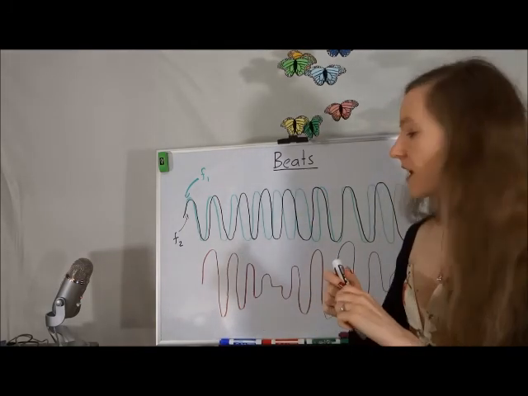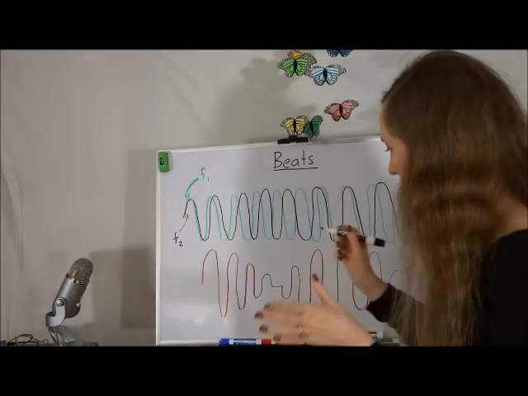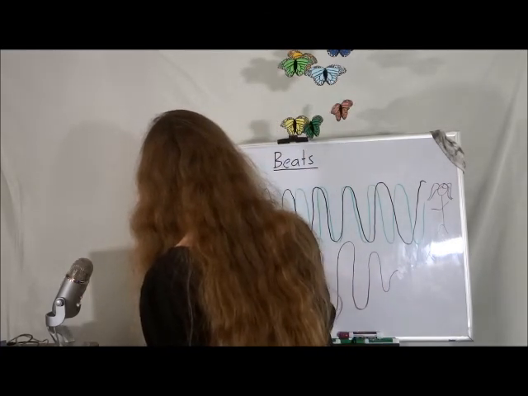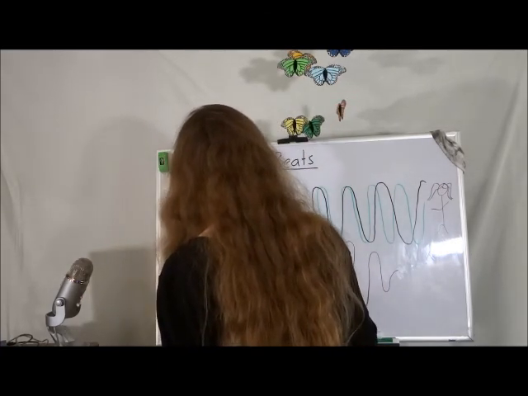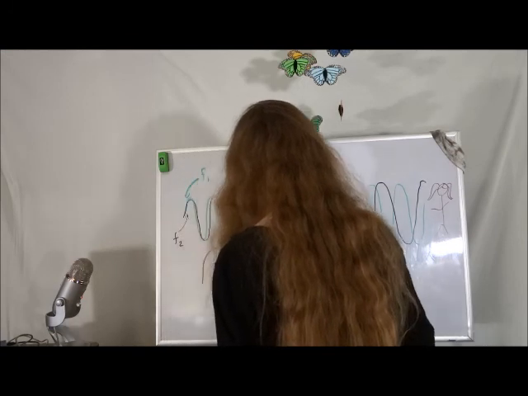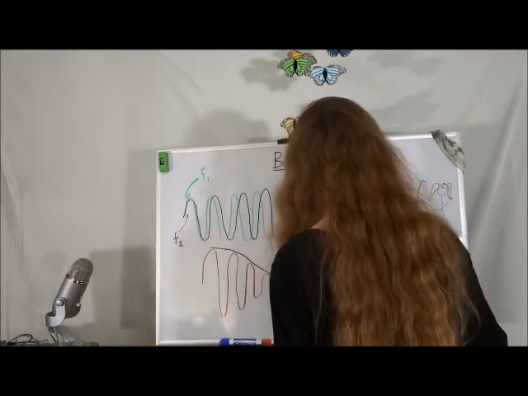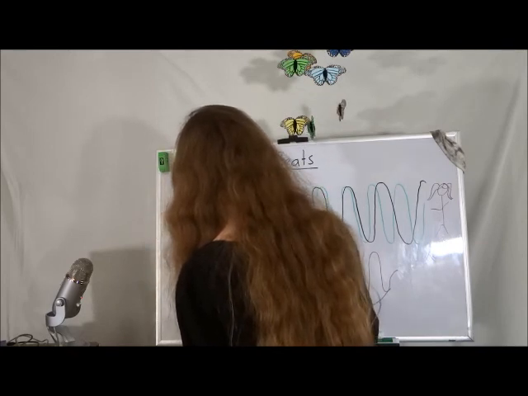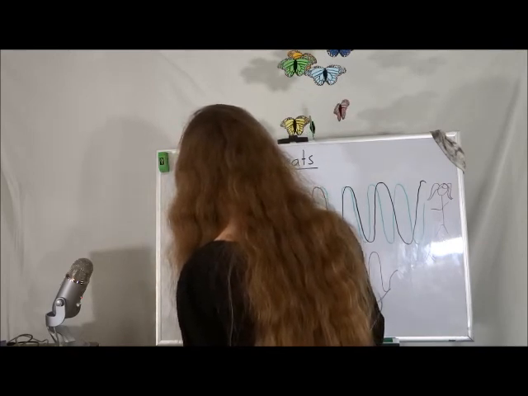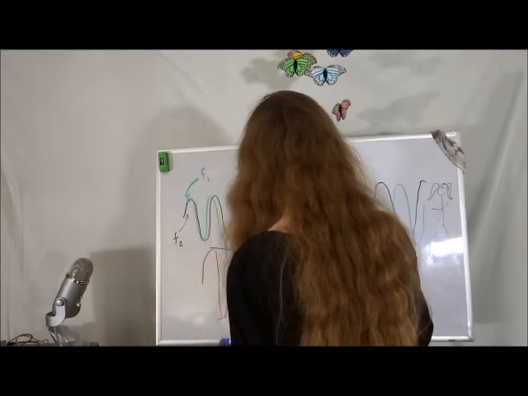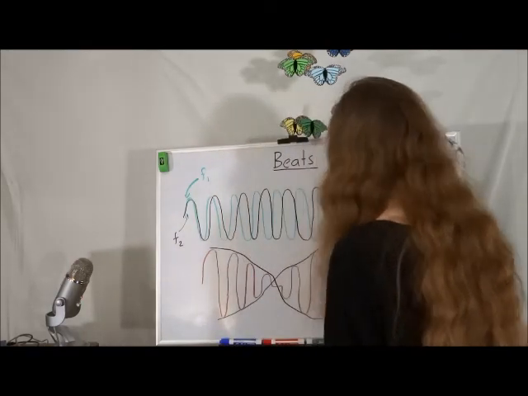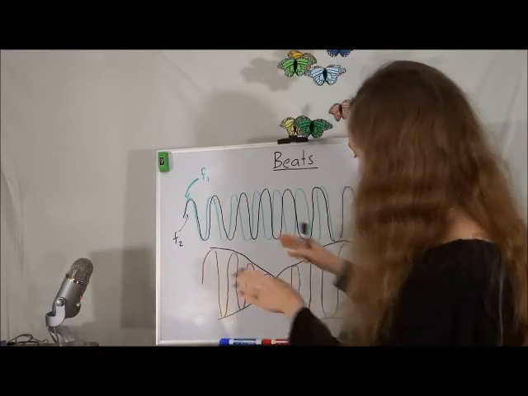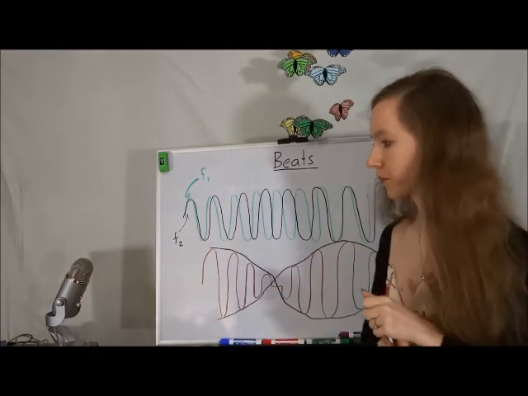And we can see that if we were to draw an envelope around this pattern, just following the peaks and troughs, we could go like this, and then like this. We can basically fit our oscillations in between two sine waves.